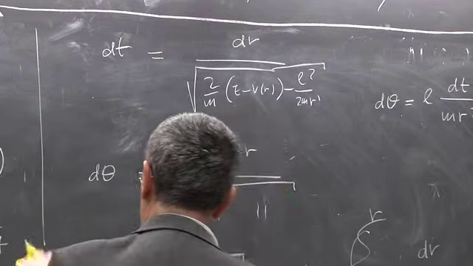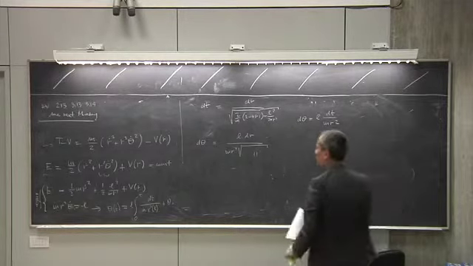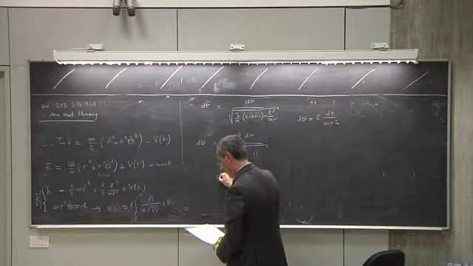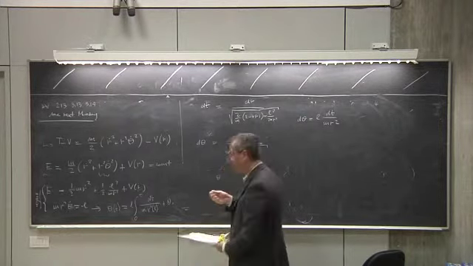So let's do that, and then I stop for real. If I integrate this, I get theta as a function of r now. So now we are talking about orbits again. Actually, I like the orbits better than the trajectory in this case. As you see, it's the integral from the initial position to r of dr, right? Then let me take m inside, because you see that I get rid of these m's here.